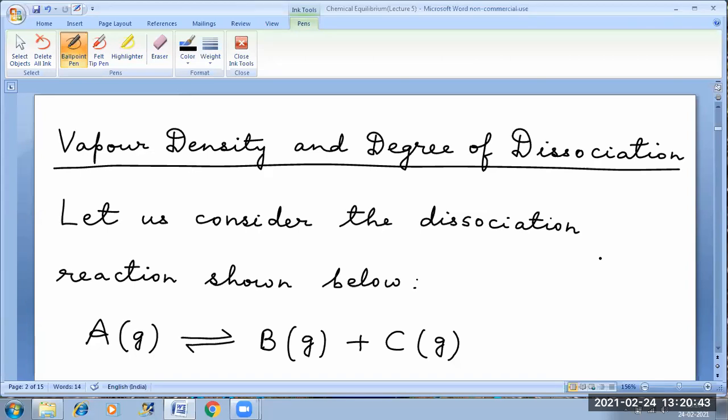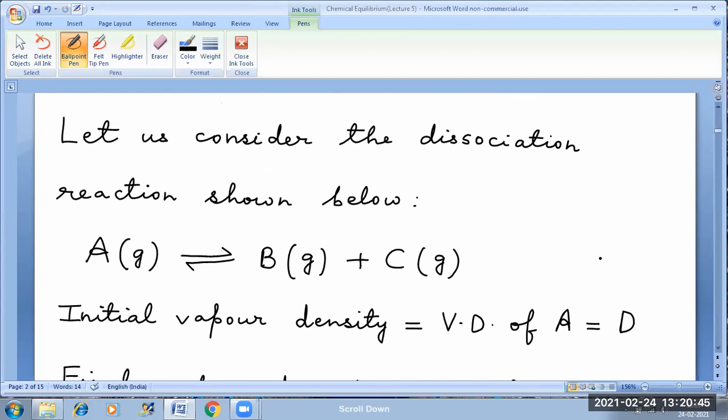Okay, so first thing is the use of different notations. So let's understand the notations one by one. Initial vapor density is equal to vapor density of A, which is denoted by capital D. This means that when I have started the reaction, I have taken only A inside the closed vessel.